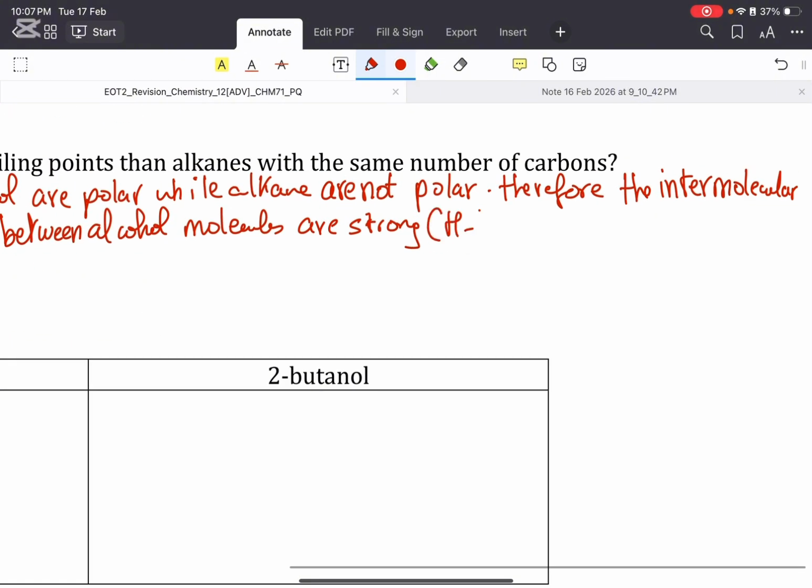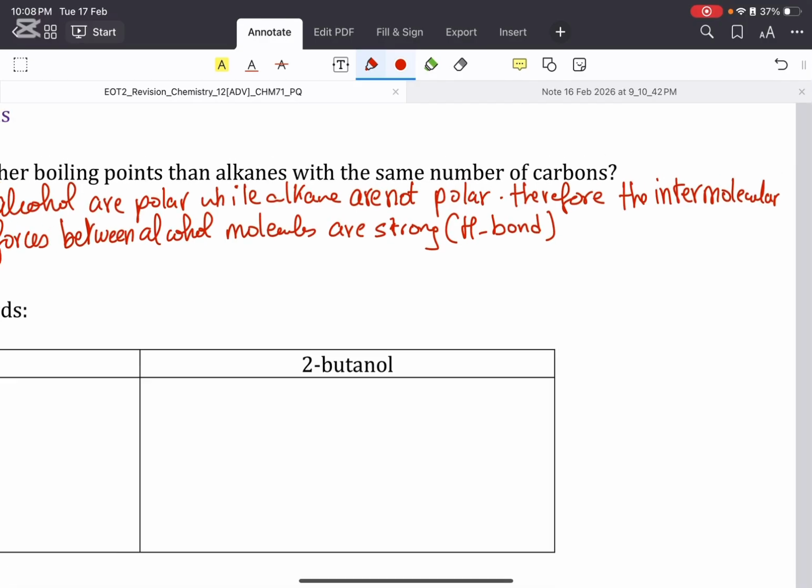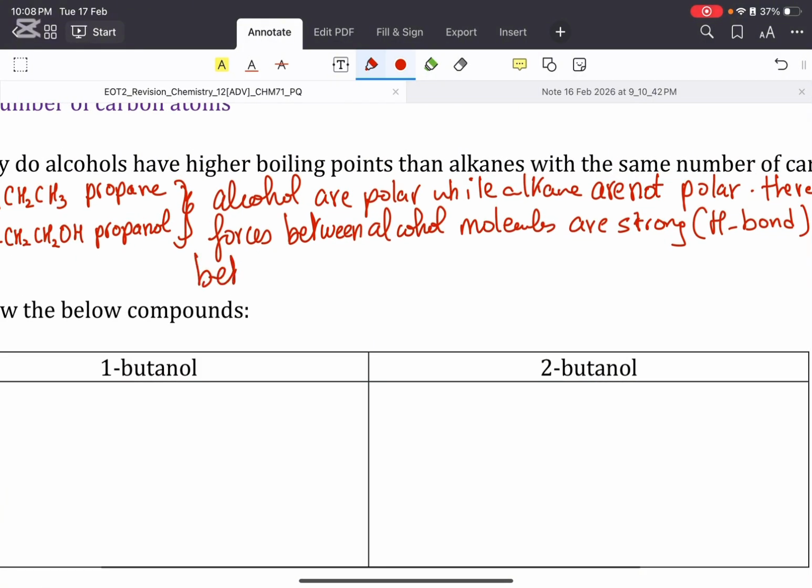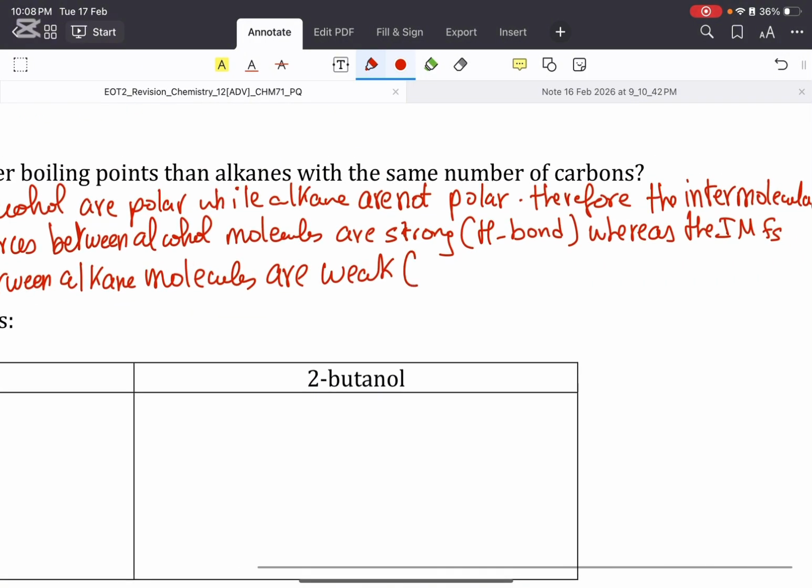Their type is hydrogen bond type. Whereas the intermolecular forces between alkane molecules are weak. What is their type? They are the type of London dispersion forces.